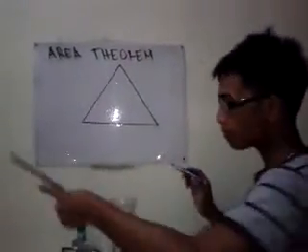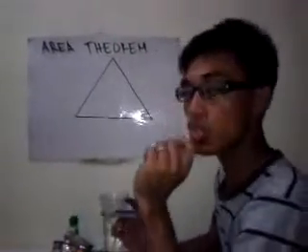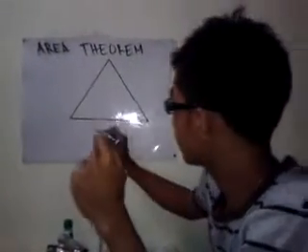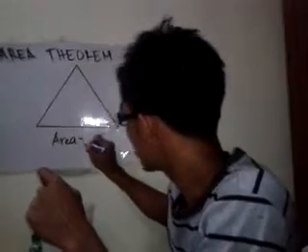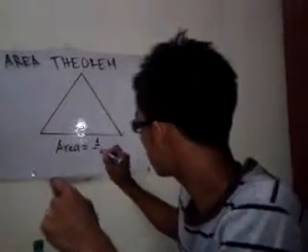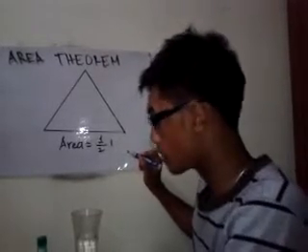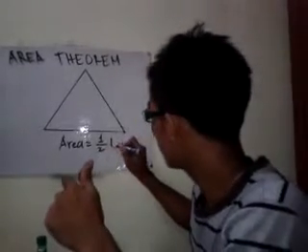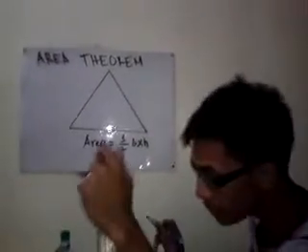Now, the solution to get the area of the triangle is: area is equal to 1/2 base times height.